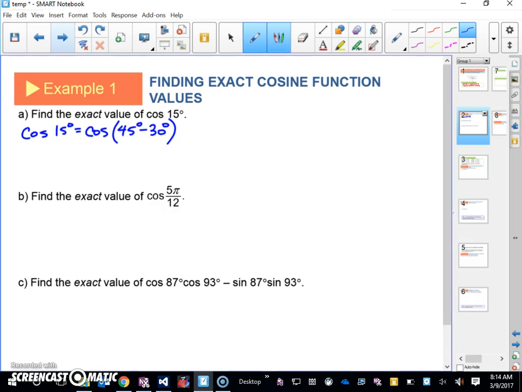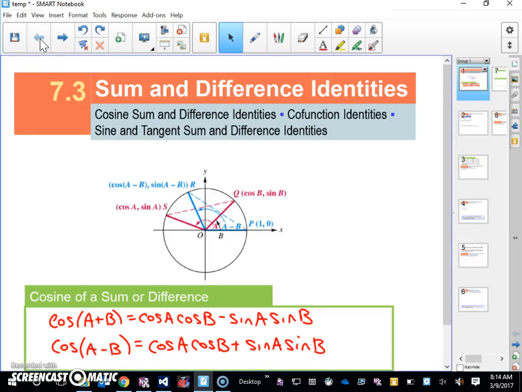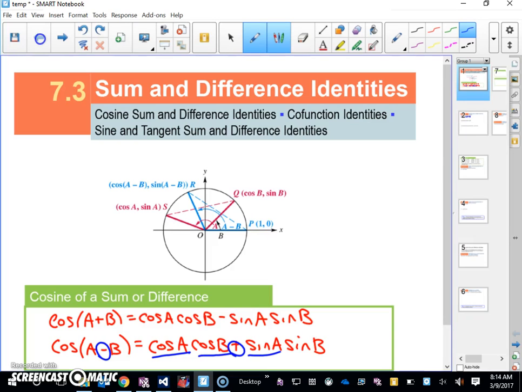But using our formula, go back and look at our cosine difference formula. It's cosine of the first one, 45, cosine of the second one, 30, plus sine of that 45, sine of that 30. It's just a pattern.